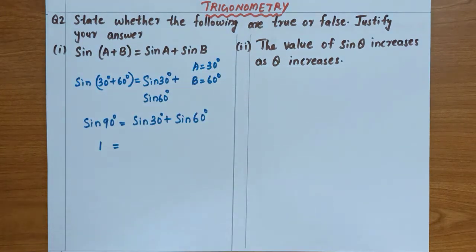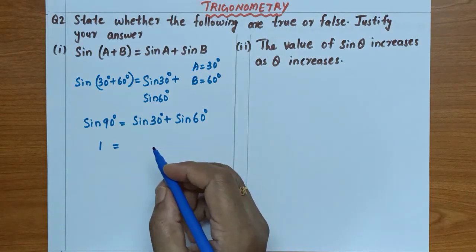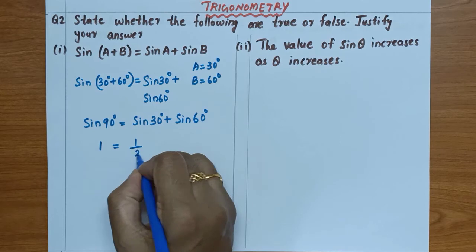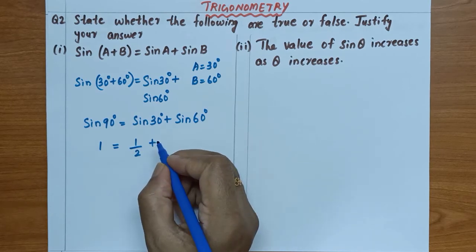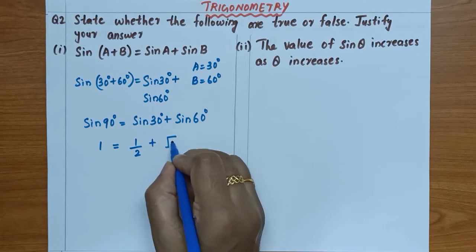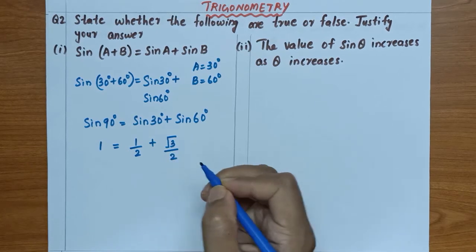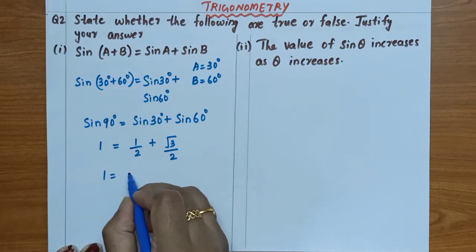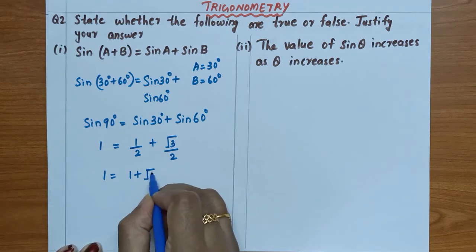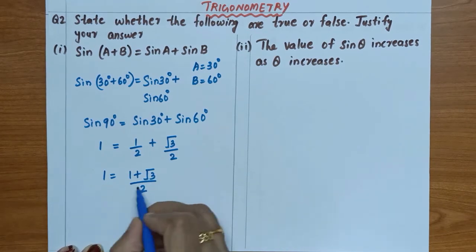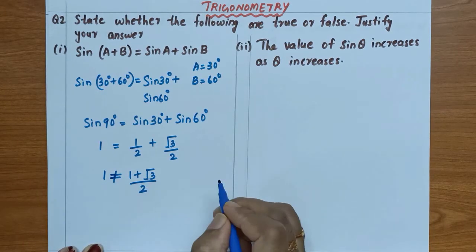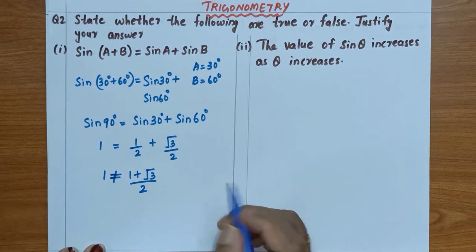Substituting the values, 1 equals 1 by 2 plus root 3 by 2, that is, 1 plus root 3 by 2. 1 is not equal to 1 plus root 3 by 2. So the given statement is false.